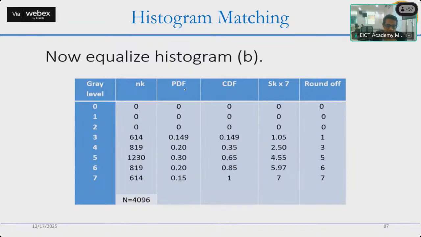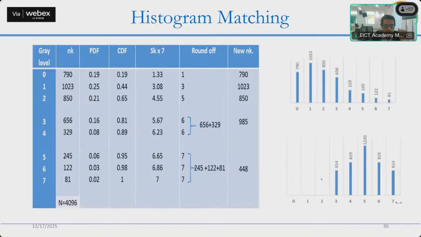Again, we do the PDF, the probability distribution function, then the cumulative distribution function, and then we calculate the round off values. Please be clear that we want to make image B like image A. We have not done any processing on image A till this part. We have only seen the new histogram. But how will it be done? That is still to come.